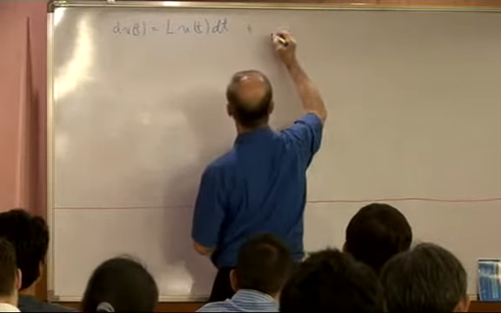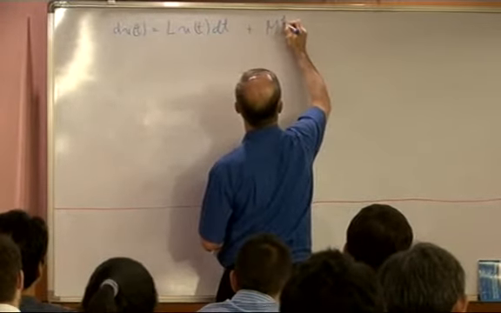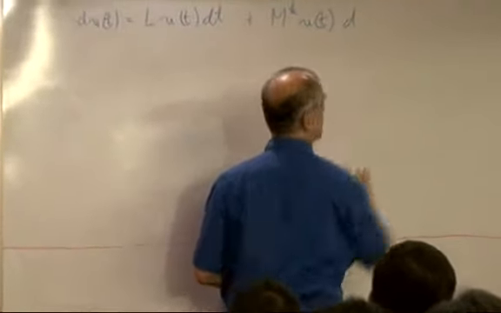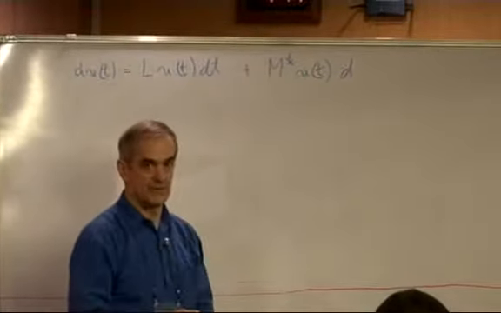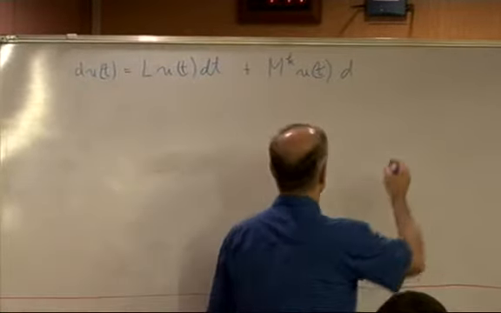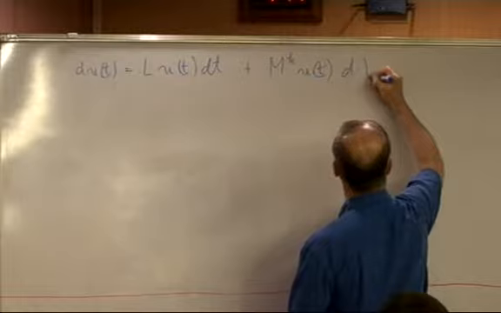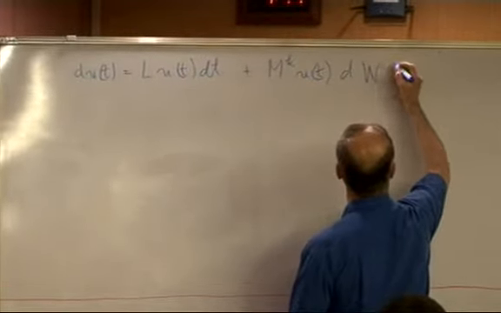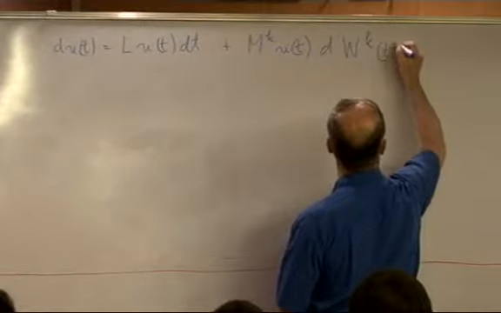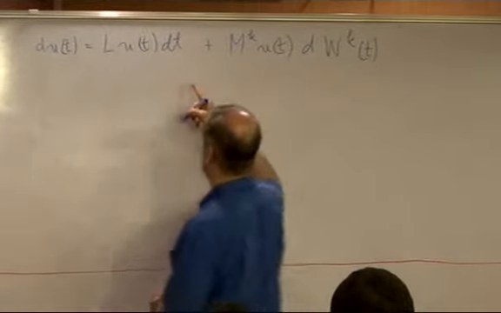Plus, and here the observation, usually I denote it by y_k, but that was denoted just by w, a linear process. So here we have a multidimensional linear process.